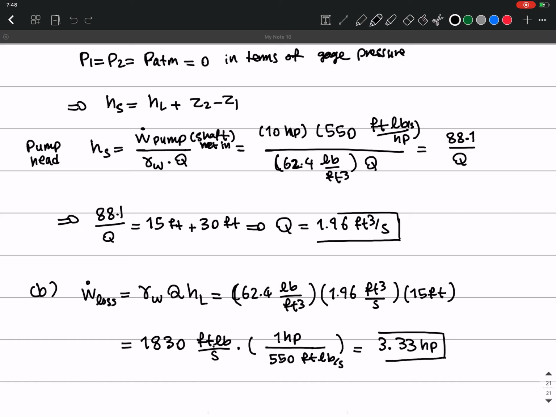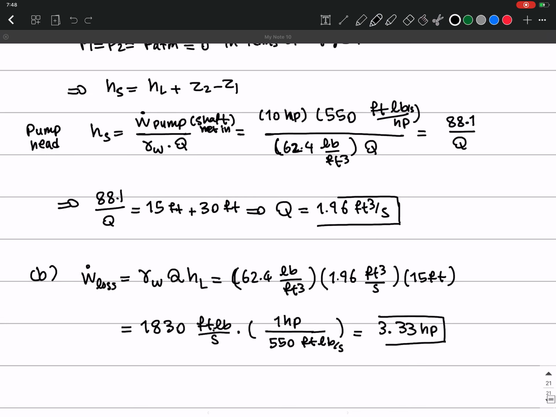So the pump is actually elevating the system with 45 foot. And 30 foot of that is associated with the elevation difference, and 15 foot of that is associated with the head loss. So another way to calculate it is going to be 15 over 30 plus 15 foot is associated with the head loss, right?